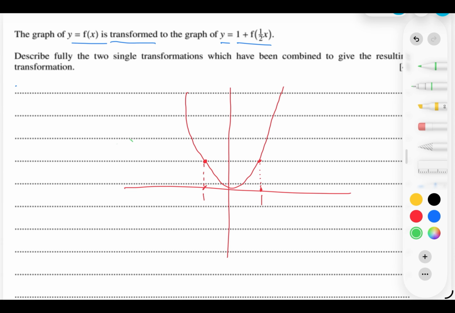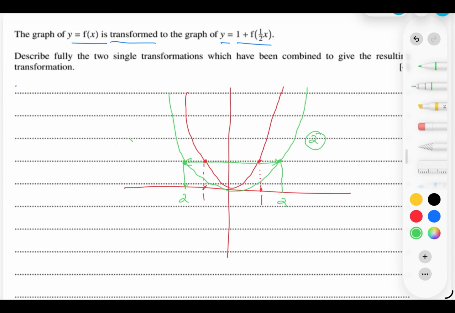Now it has been stretched and it became like this. This point came over here. This is 2 and this is 2. It was a horizontal stretch by a scale factor of 2.